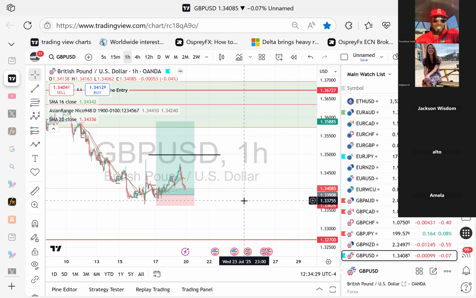It's going to be the same pattern that happens over and over again. The same way you see a change of character on every time frame, you're going to see the same thing on every time frame. You're going to see the order block, the imbalance, and the break of structure. You're going to see the market go back to that imbalance. You're going to see it on every time frame, even the 1 minute chart.